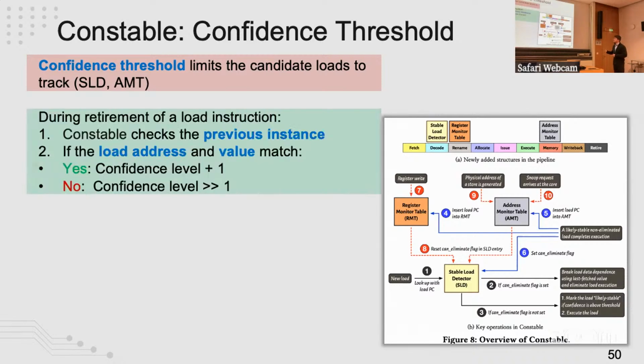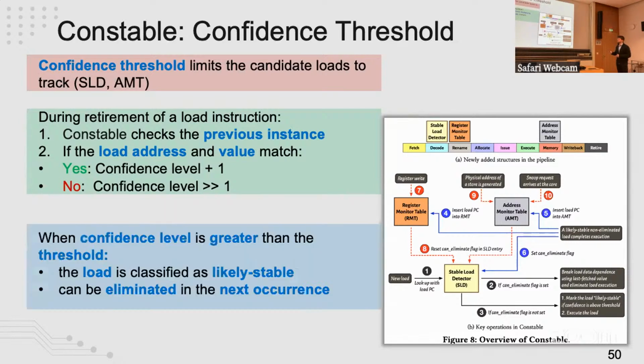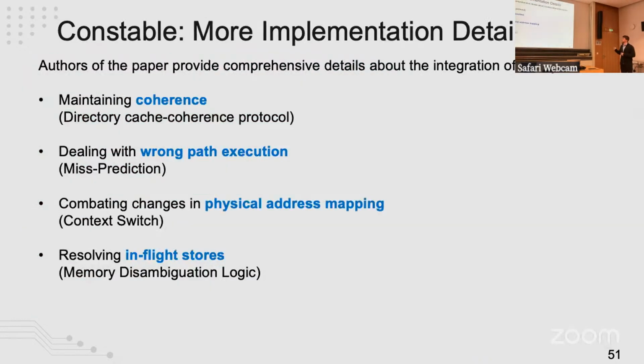With this confidence threshold, during the retirement of a load instruction, Constable checks the previous instance of that instruction, and if the load address and value match, the confidence level is incremented by 1. If they don't match, the confidence level is halved. When the confidence level is greater than the threshold, the load is classified as likely stable and can be eliminated in the next occurrence.